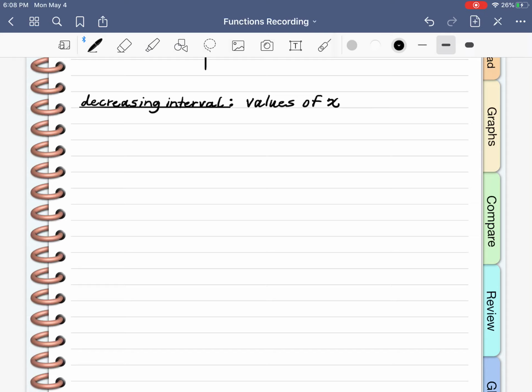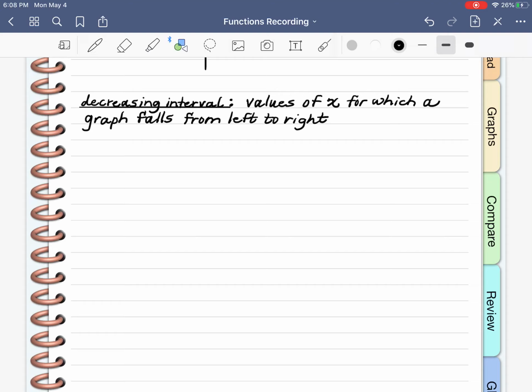So we're dealing with those input values for which a graph falls from left to right. And I'll draw you a picture. Pictures are worth 1,000 words on these. It is where the values of x, the graph falls from left to right.